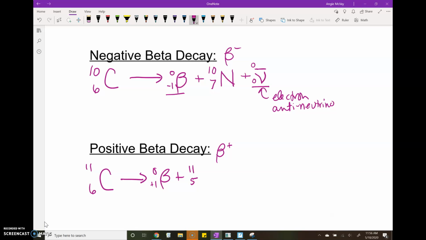And the element that has 5 protons is boron, I believe. And then there's also an electron neutrino. Oops, that's a neutrino. Okay, cool. So if you have positive beta, you get an electron neutrino.